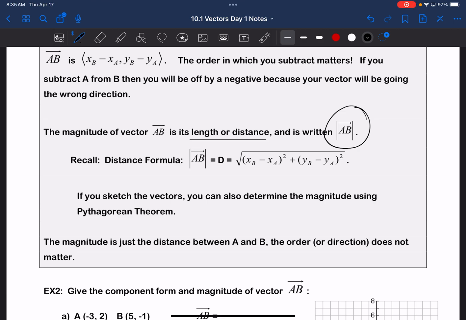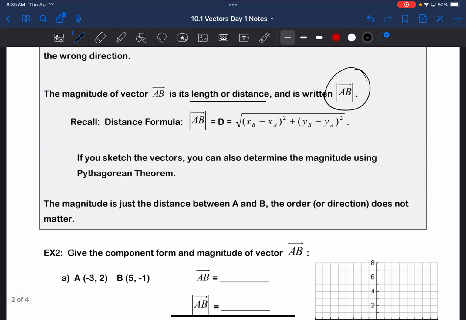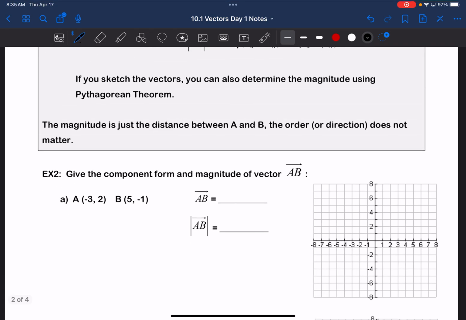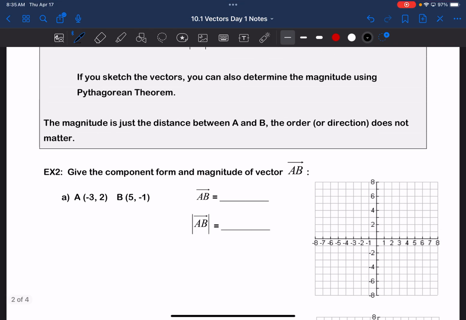That's because distance is never negative. So if you sketch your vectors, you could also determine their magnitude using the Pythagorean theorem, that side that we were drawing in red, right? The magnitude is just the distance between A and B. The order or the direction wouldn't necessarily matter because, again, if we square it, it becomes positive.